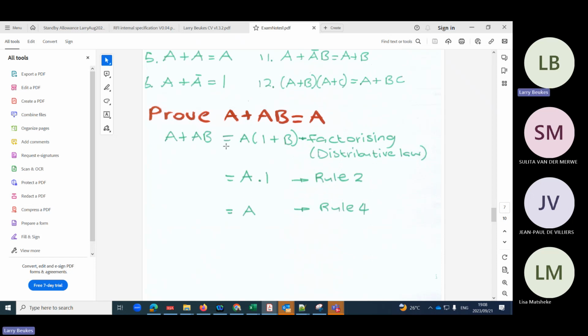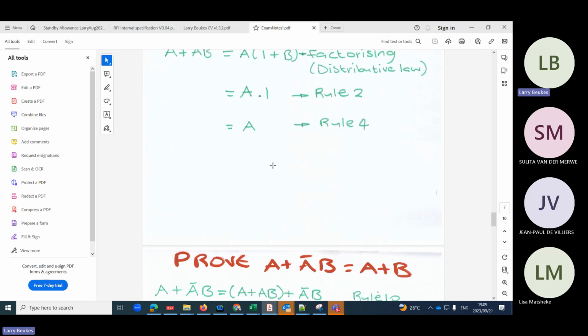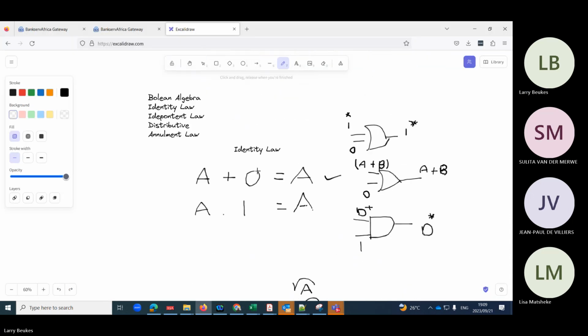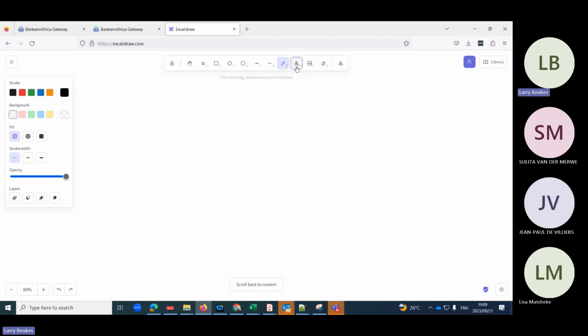A plus AB. Let's start with this one. So now here we need to prove A plus AB is equal to A. Let's try that one first. So let's prove it. We can see here already A is a common factor, right?